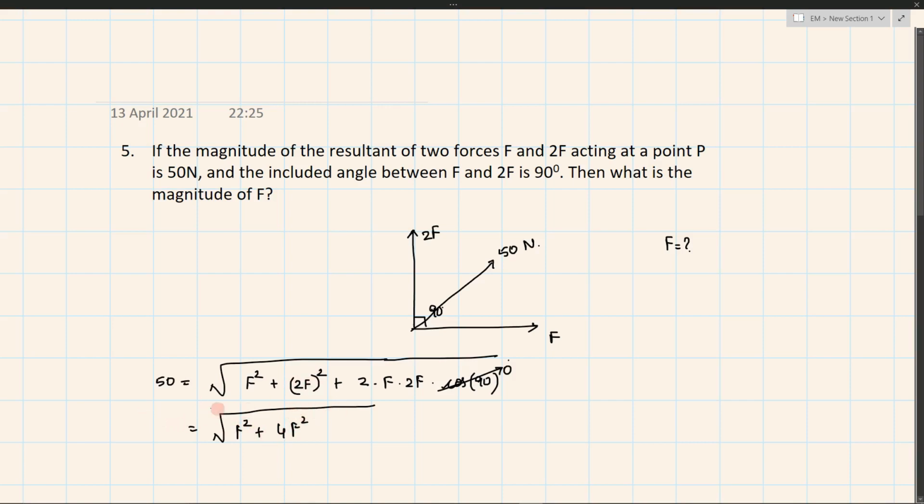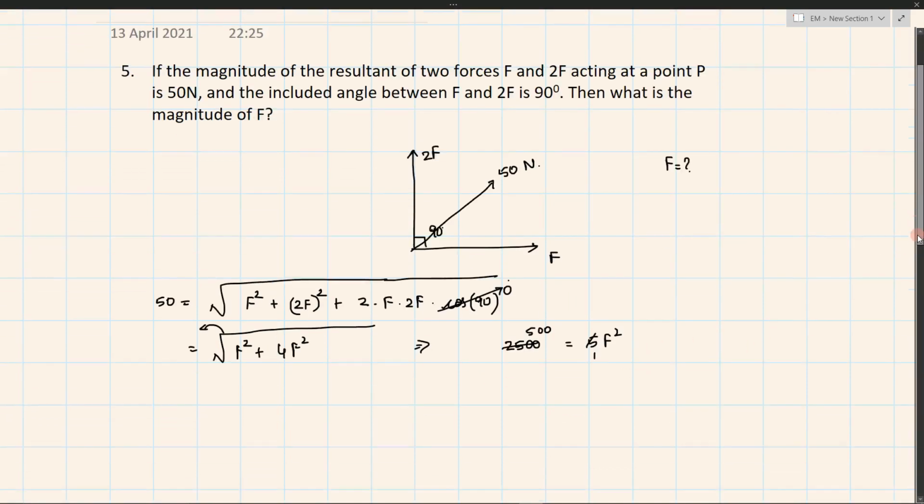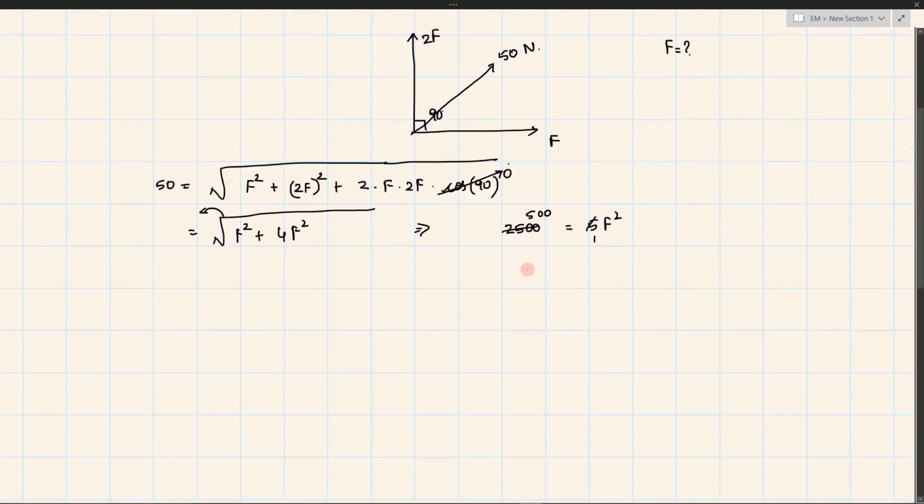If I send the square root to the LHS, I'll have 50 square, that is 2500, is equal to 5 F square. So F square is 500. So F is equal to square root of 500, that is nothing but 10 root 5.